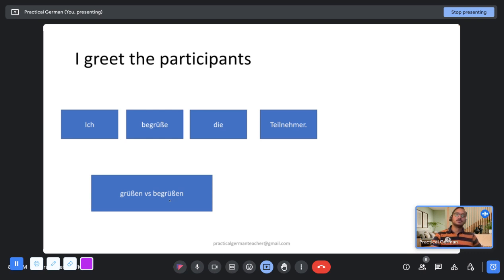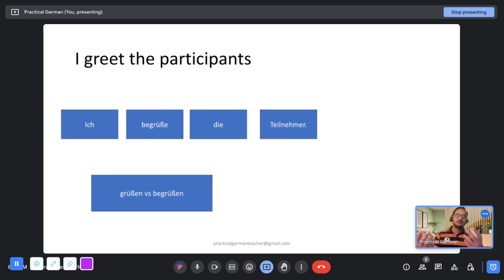You use begrüßen when it is a more formal event, when there are many people there, for example, Christmas. Every company has a Christmas party in December in Germany, and just before the dinner begins, there will be somebody, like the department head or the area head. He will stand up and greet everyone, and then he will say ich begrüße euch.